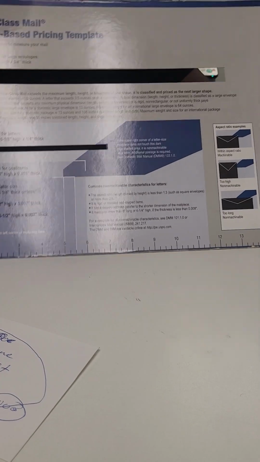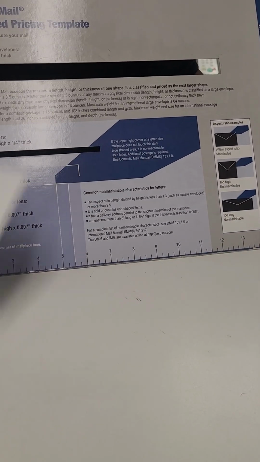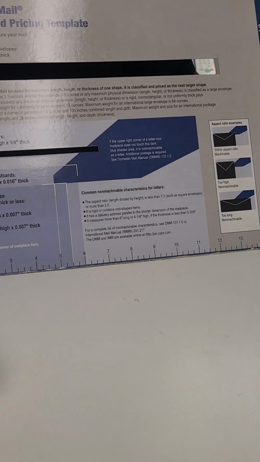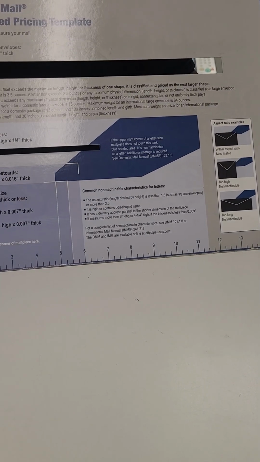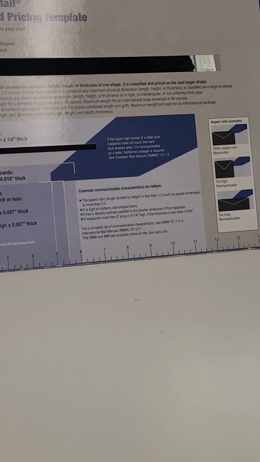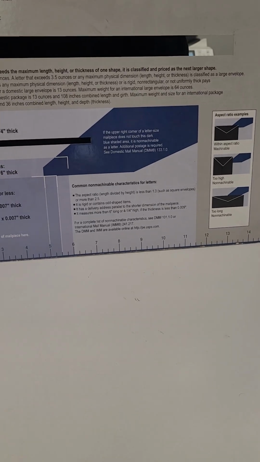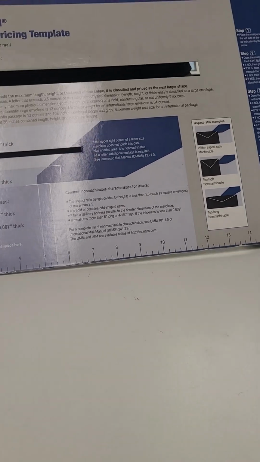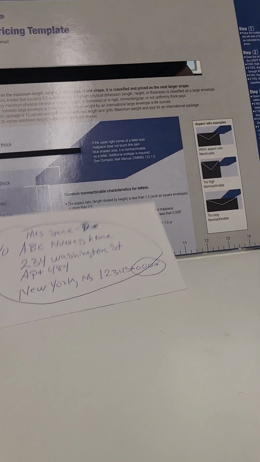And right here, this is a good guide as well. It gives you all that you need with the size of the envelope, postcards and the like. Of course, if you use postcards, the postage is significantly less than it is for legal mail. All right.